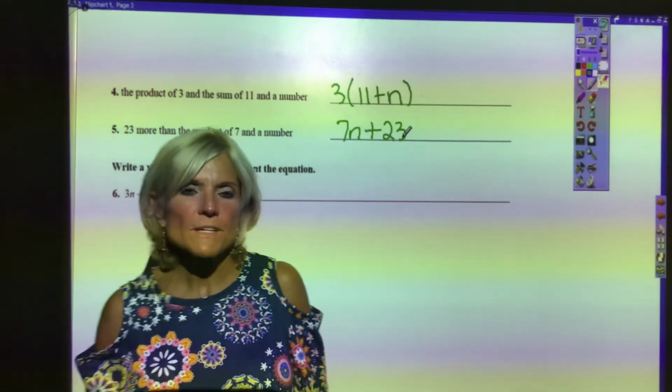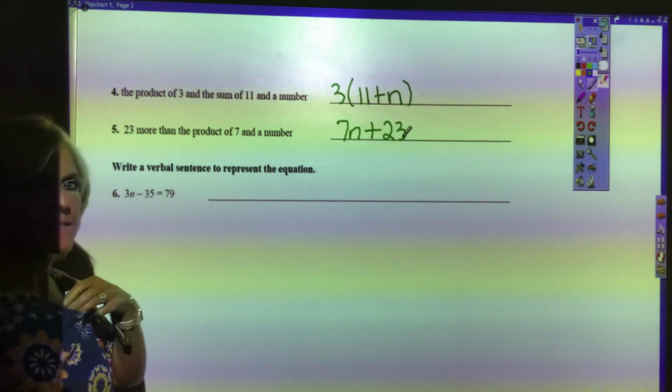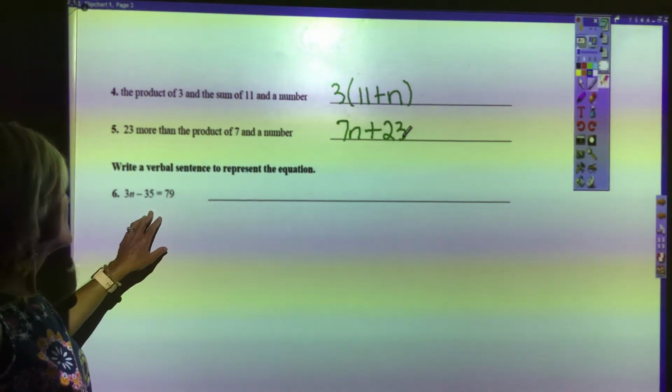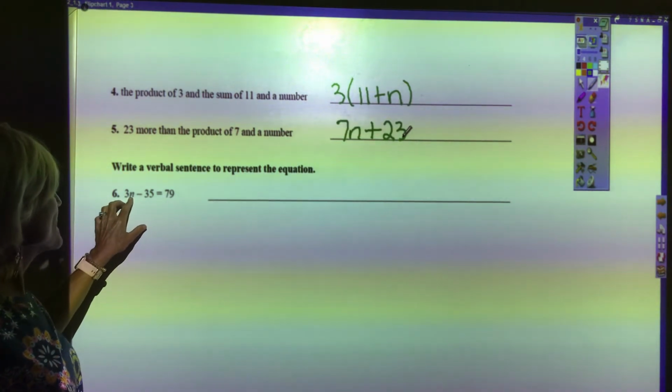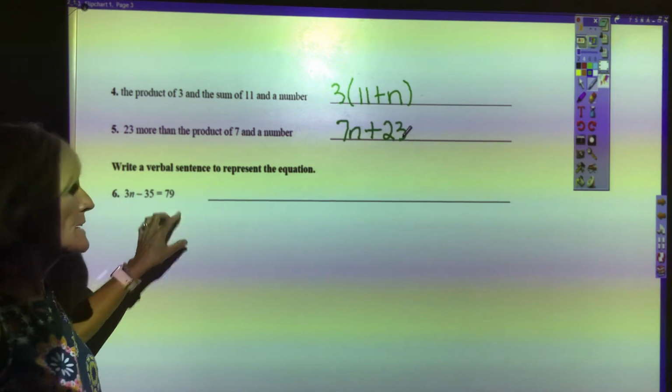Okay, on number 6, the next examples, we're going to write the verbal sentence that represents the equation. So we have 3n minus 35 equals 79.